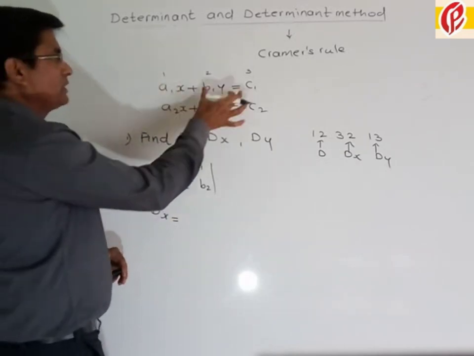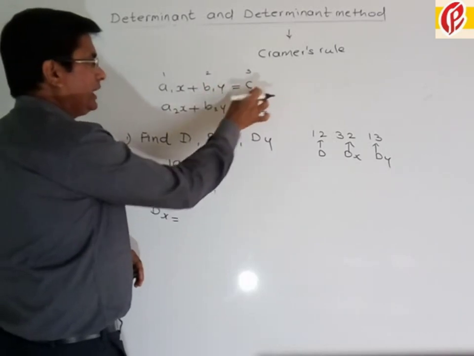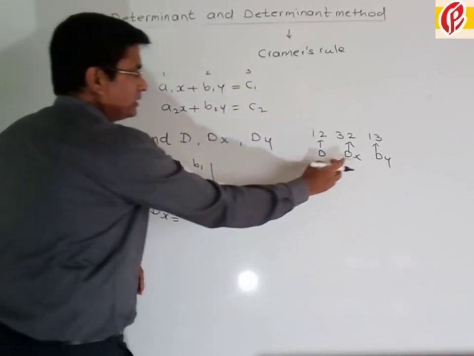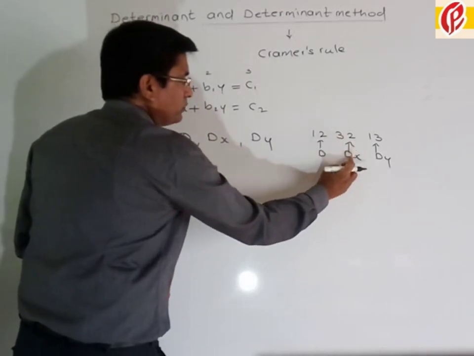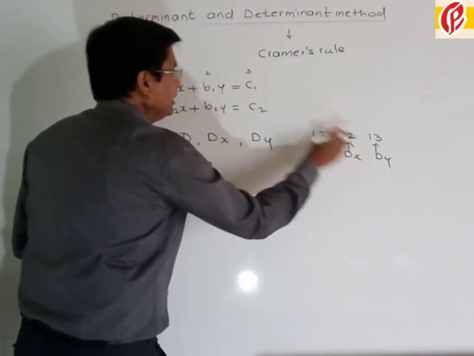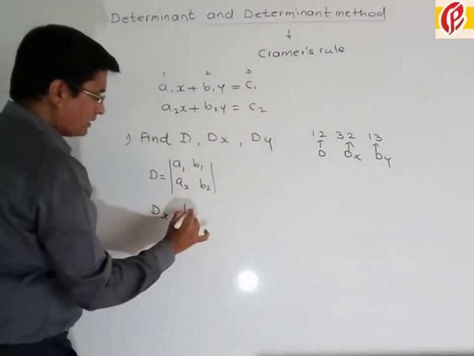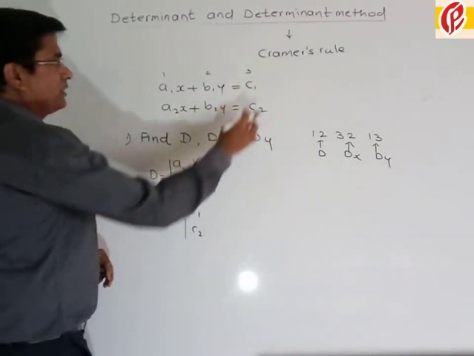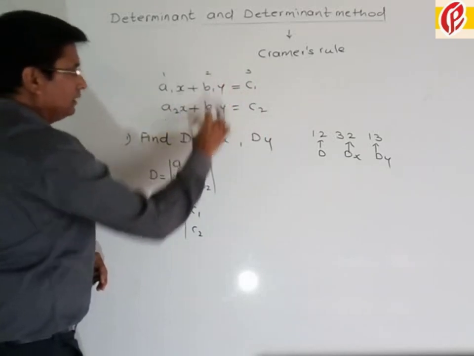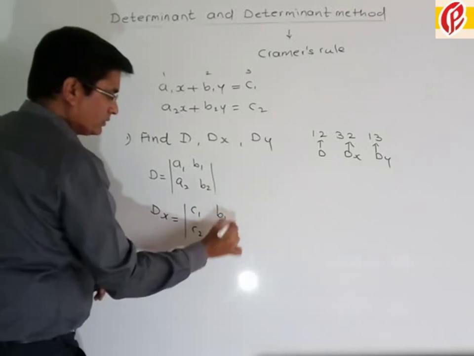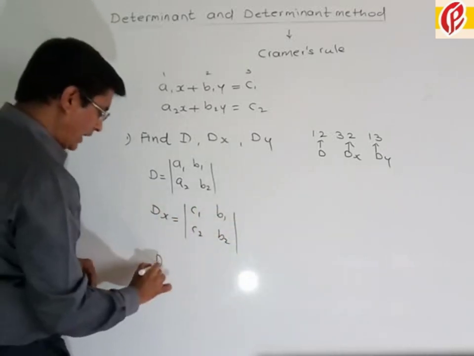Remove the coefficient of x, and write the coefficients of y and the constant numbers in the determinant. For Dx the number is 32, which is 3, 2. 3 is for the constant numbers, so the constant numbers go in the first column and the coefficients of y in the second column: c1, c2, b1, b2.